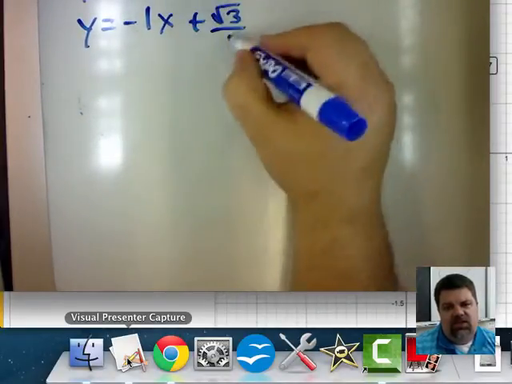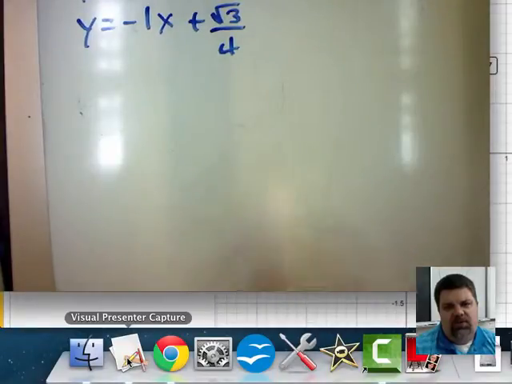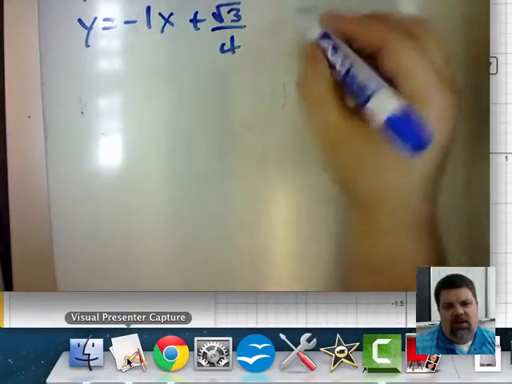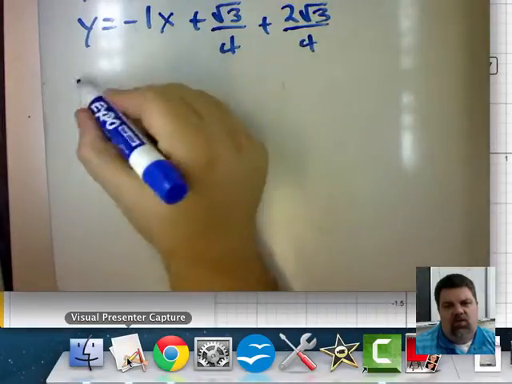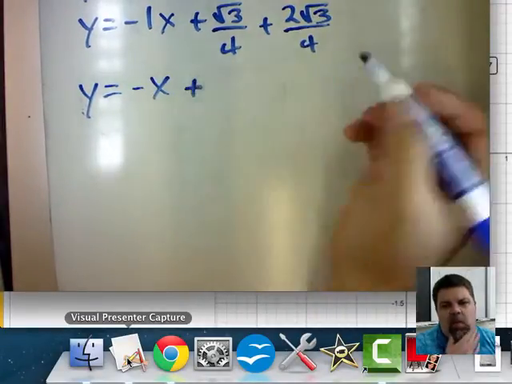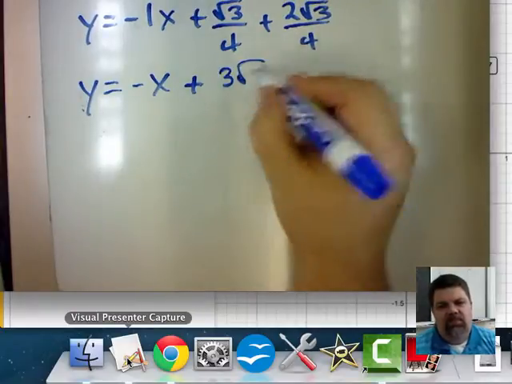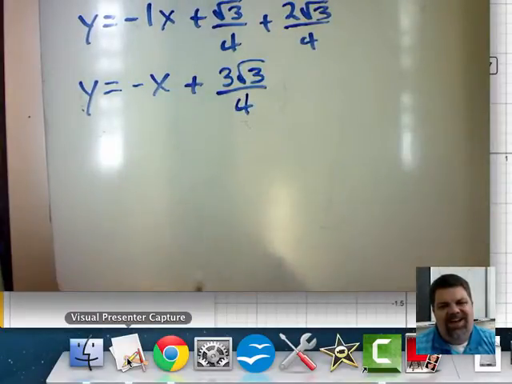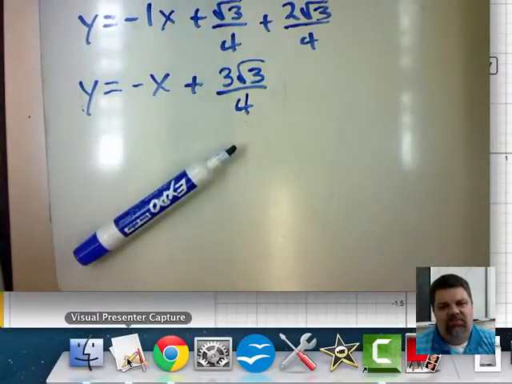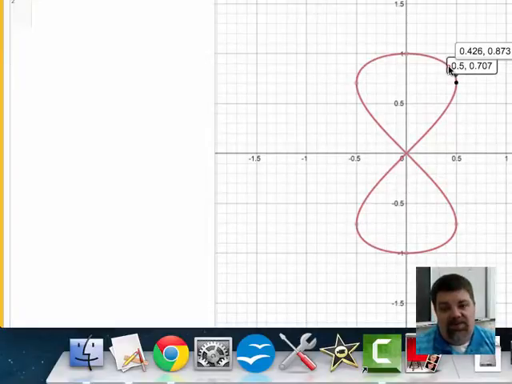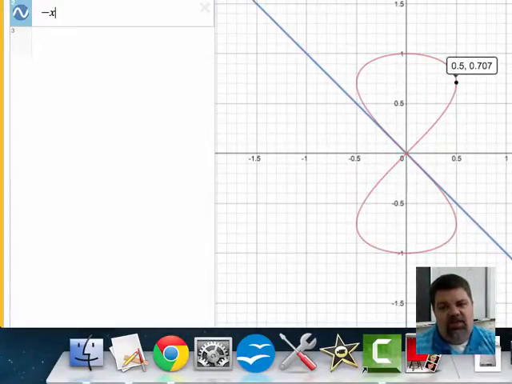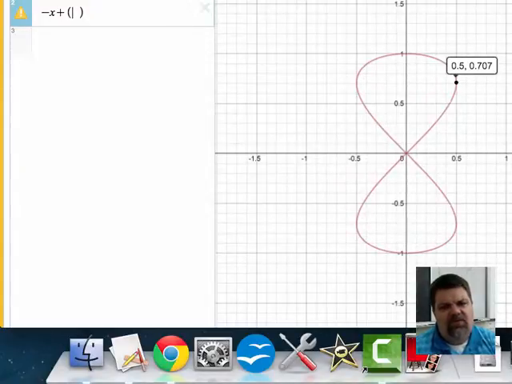The tangent line has a slope of -1, and when we plug it into point-slope form, we end up with -x plus 3√3 over 4. I'm going to plug this into my website here, and it should have a tangent line that touches at the point 0.433, which I think is √3 over 4.